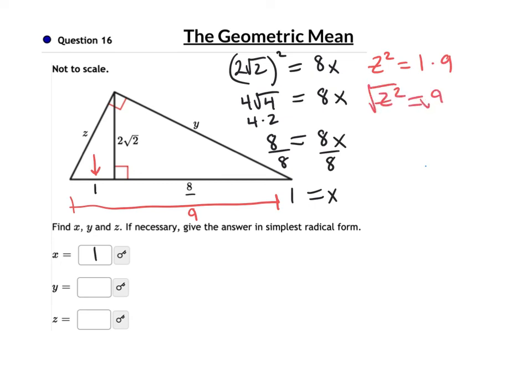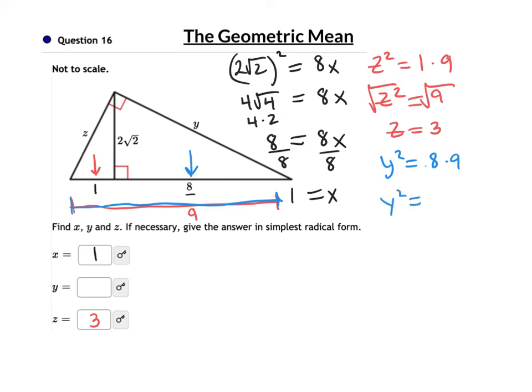Square root of both sides, and z is 3. On the other side, the leg squared, y squared, equals the piece on its side, which is 8, times the whole hypotenuse, which is 9.